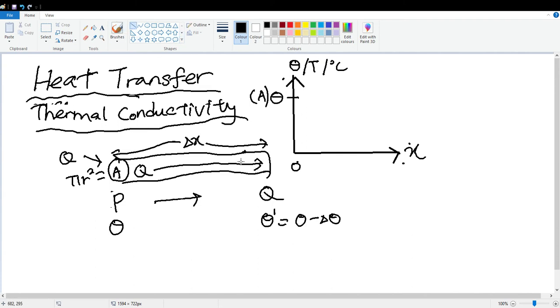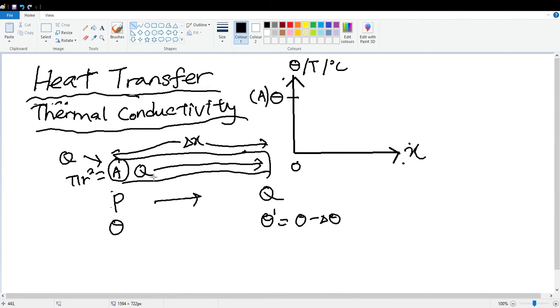As we said, the temperature is decreasing because the heat supply starts from the point with the highest temperature. Sorry, it means that point P has the highest temperature.